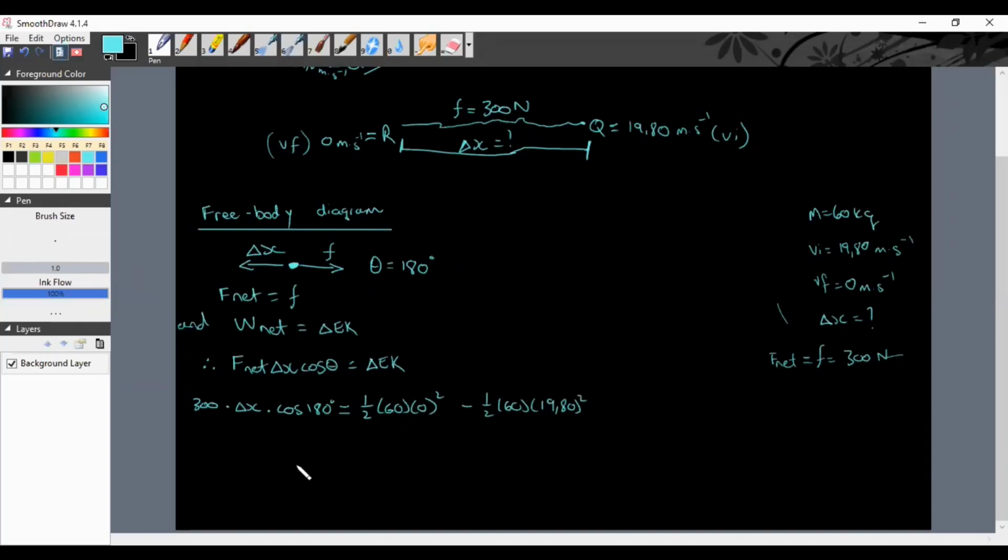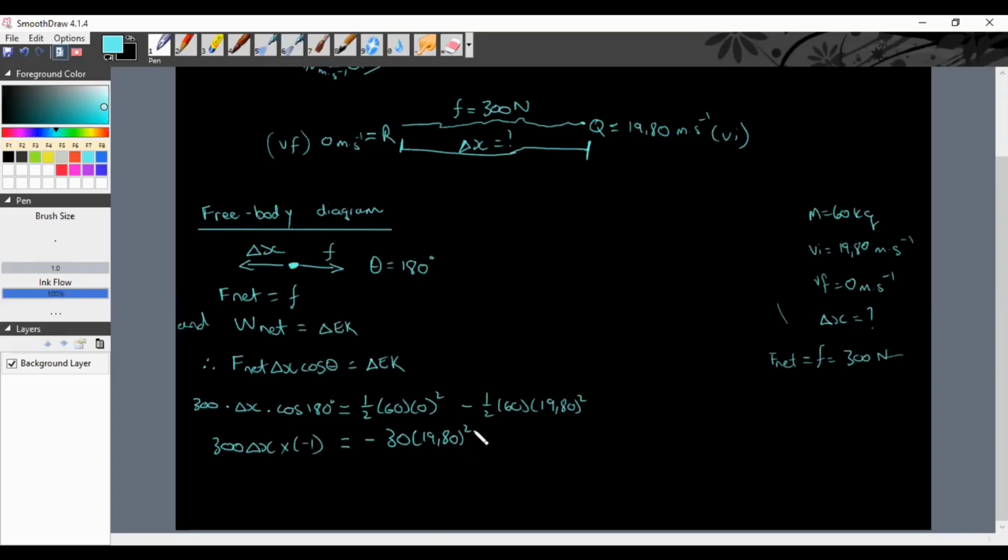If we simplify a little bit, we'll have 300 delta X times -1, because cos 180 is equal to -1. It's going to equal -30 times 19.80 all squared. I can solve for that actually.